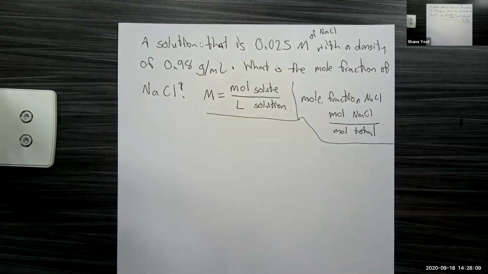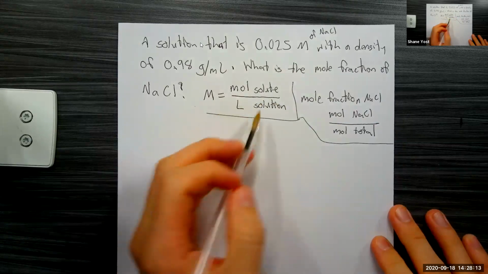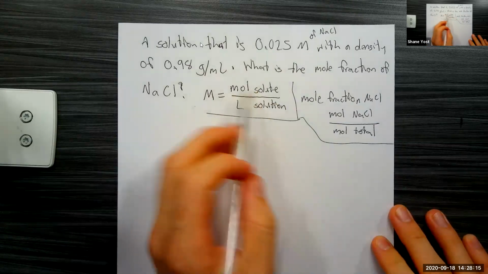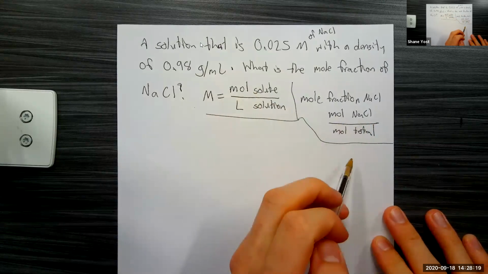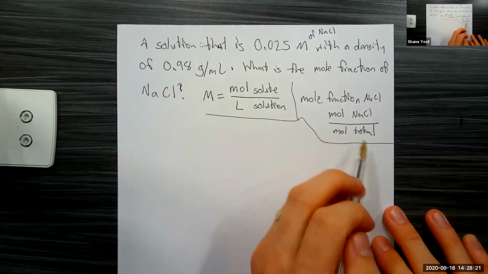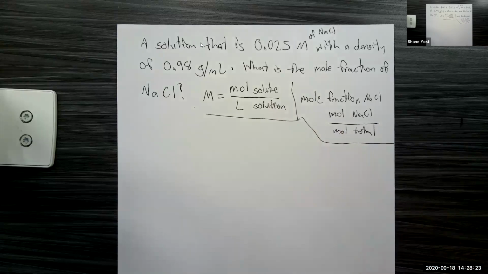If I know the total volume of my solution, I know the moles of my solute, and that goes here, since sodium chloride is the solute. I need to know the total moles, so I need to find the total moles, which is the moles of sodium chloride plus the moles of water, which is our solvent.